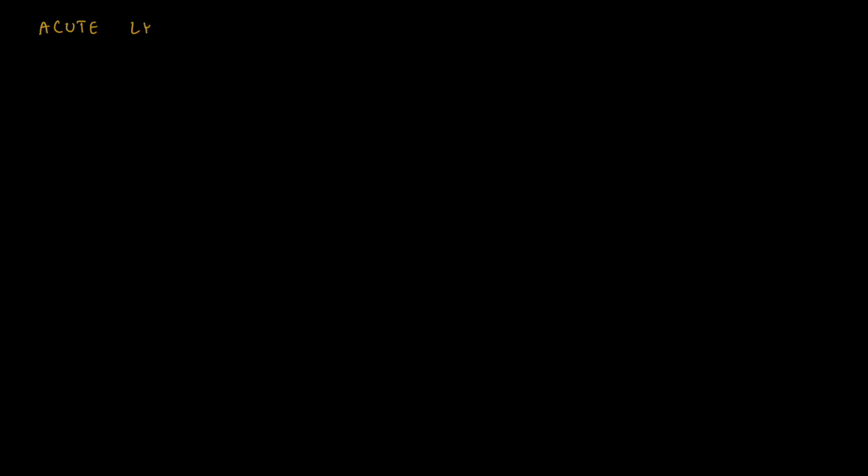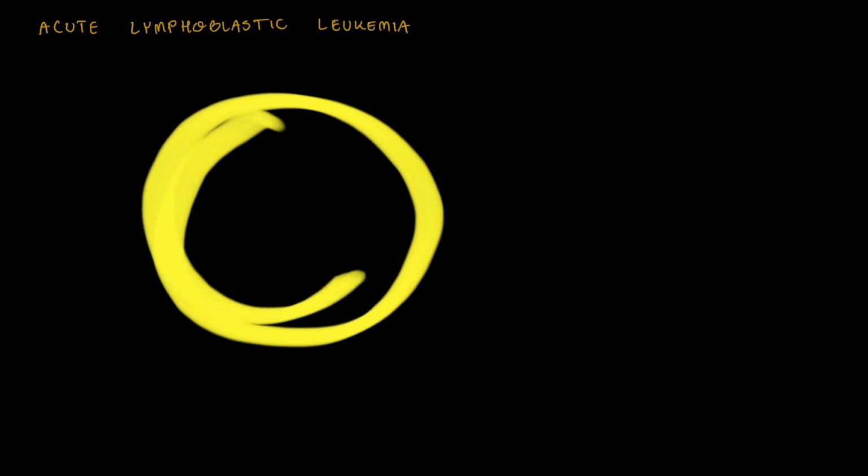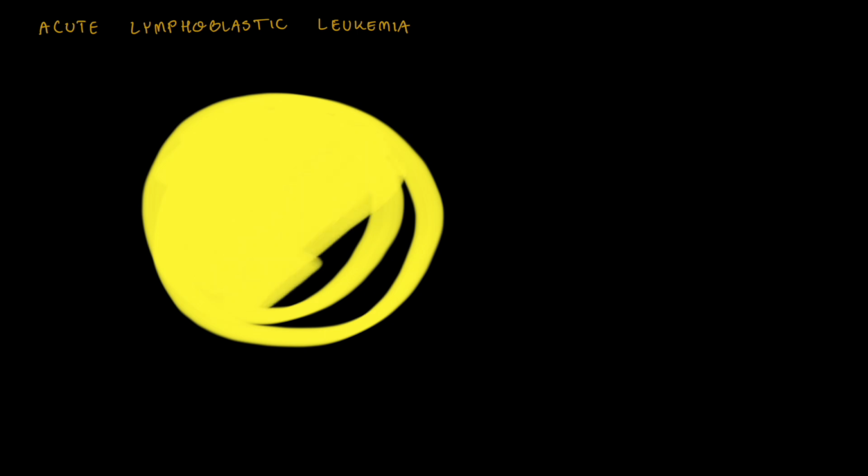So, to understand the physiopathology of acute lymphoblastic leukemia, we need to understand the principles of cancer. Let's suppose that this is a lymphoblast. So it's an immature cell, but it's going to have a nucleus.